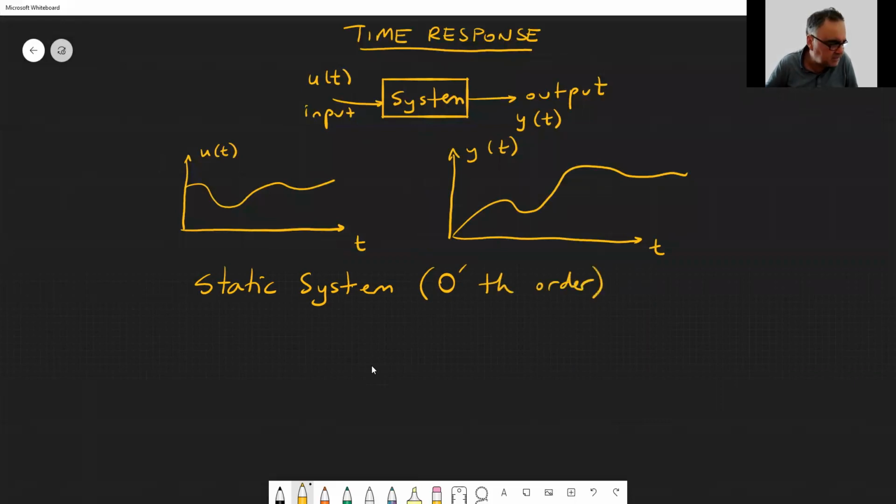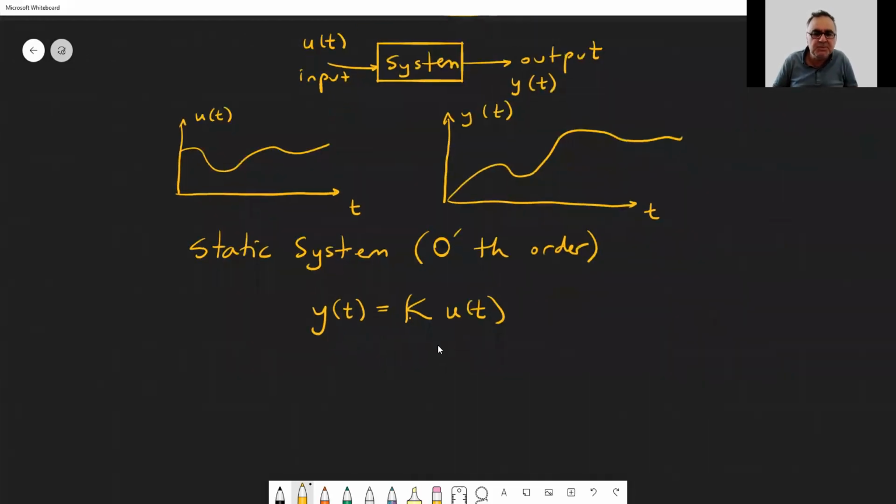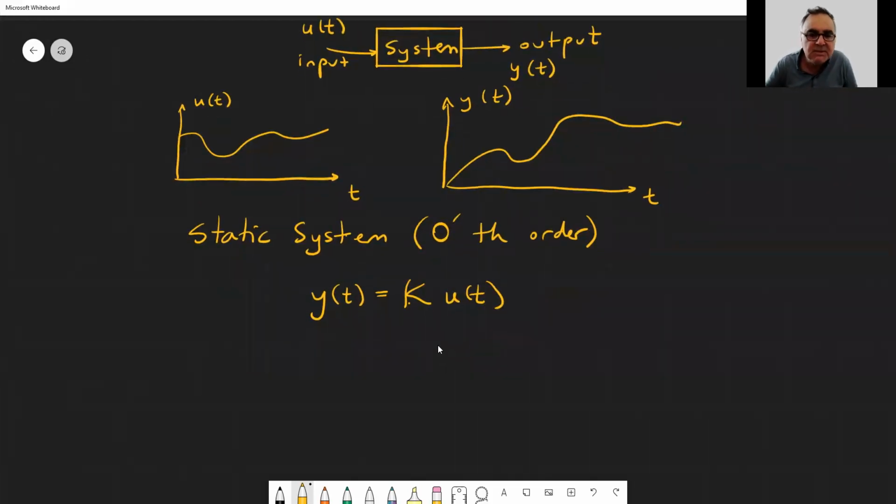This is not a real system, but the output y of t is simply some constant k times u of t. This parameter k is the steady state gain of this system, as you can imagine.